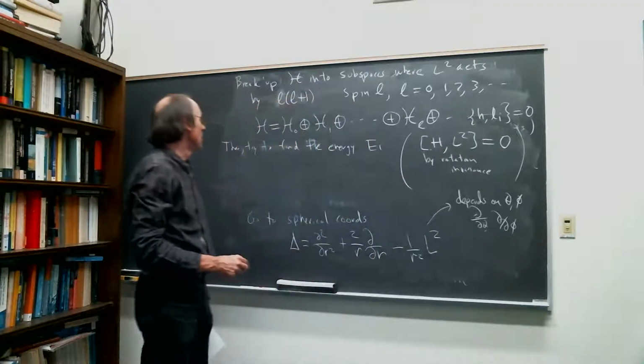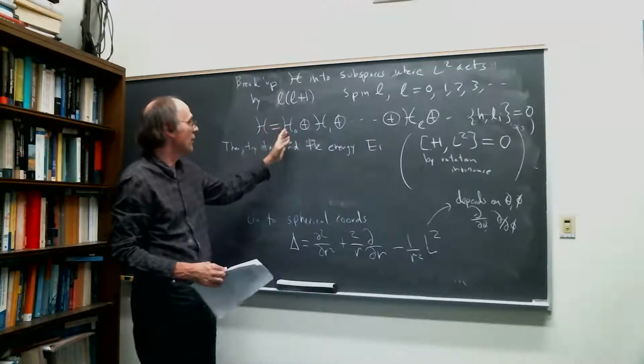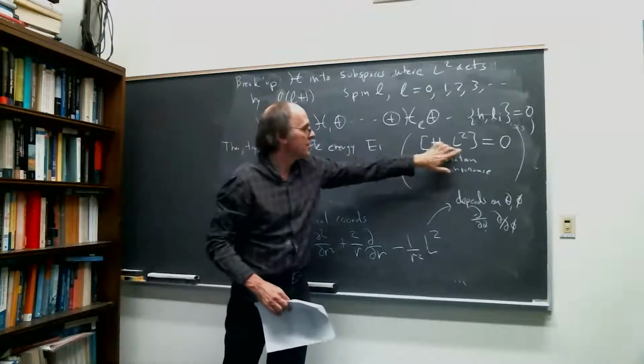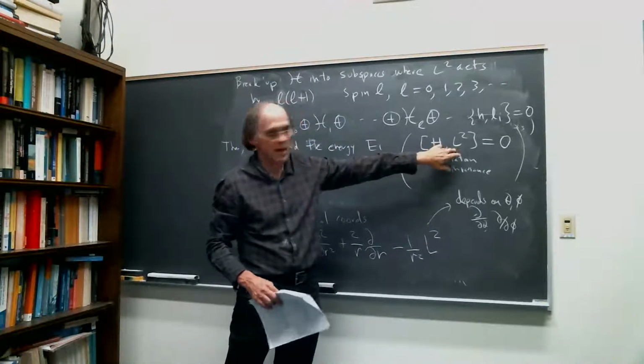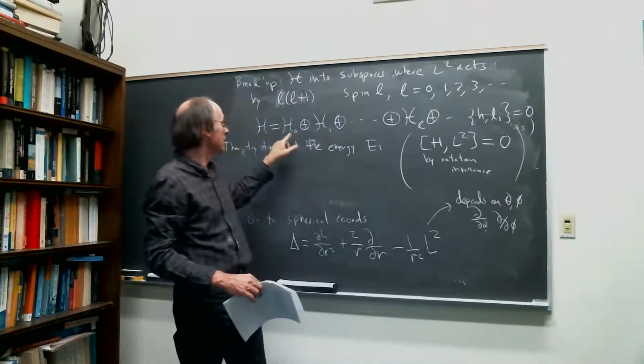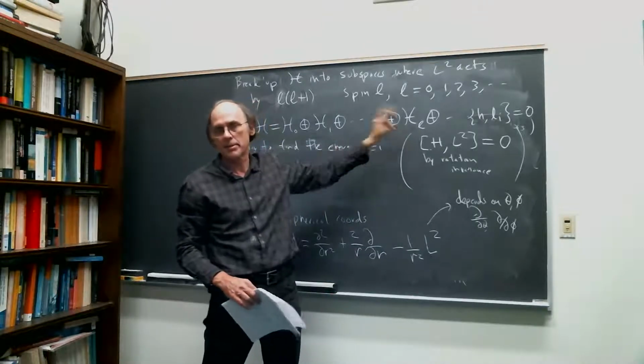And you get this. Okay, so now you know that the Hamiltonian operator, since it commutes with this guy, is not going to change the eigenvalues of this guy when it acts. So it's going to take the H_L subspace to the H_L subspace.